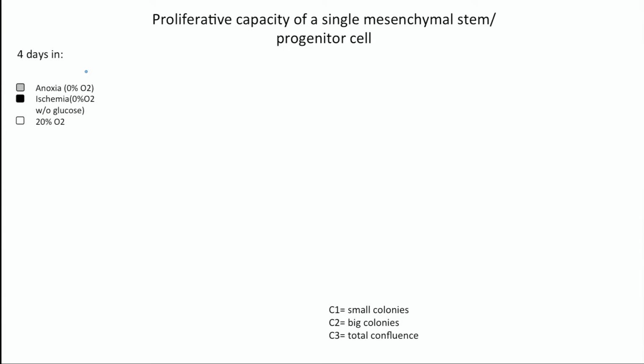We found that the proliferative capacity of the cells previously cultured in anoxia and ischemia was incomparably better and higher than that of cells cultured in air. That means that we preserved some subpopulation of these cells which are responsible for proliferation and expansion.